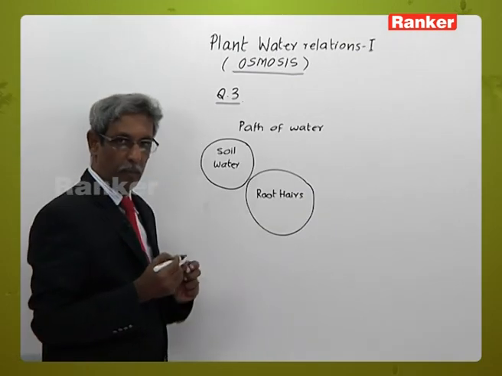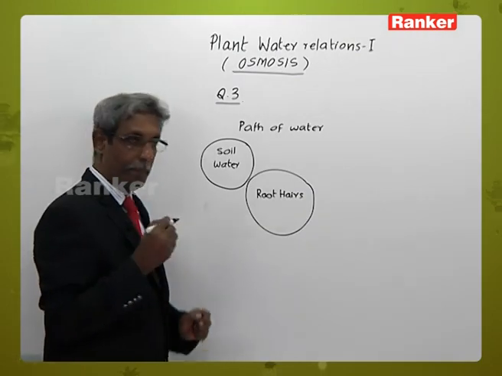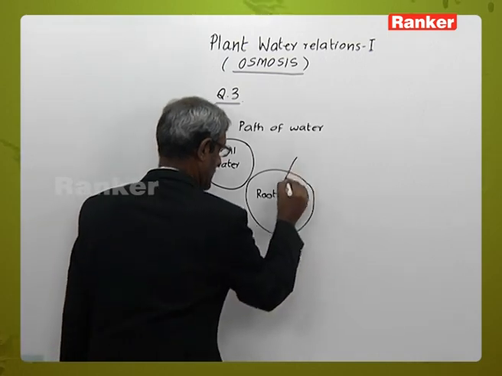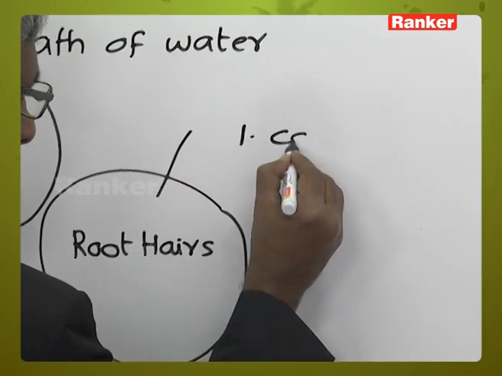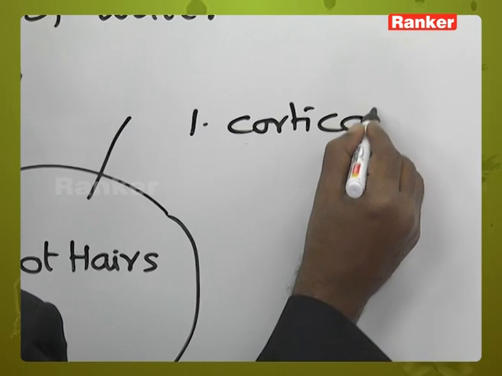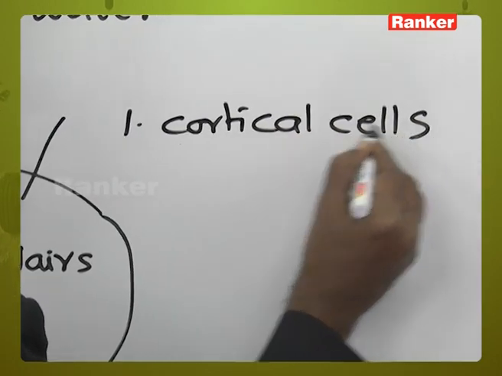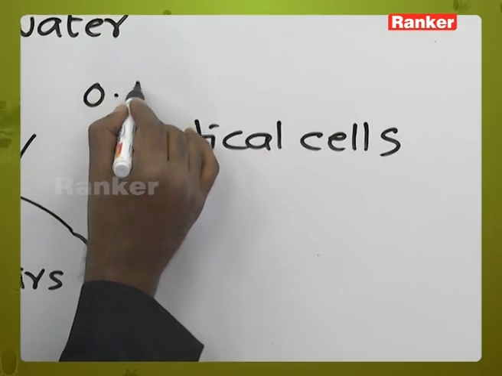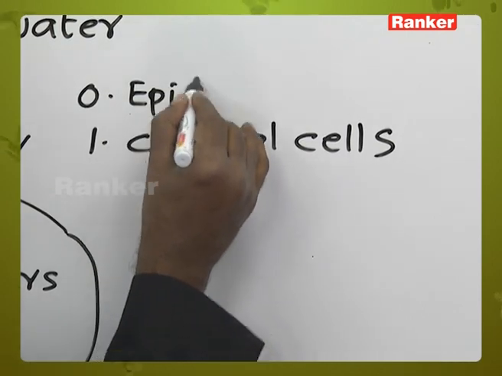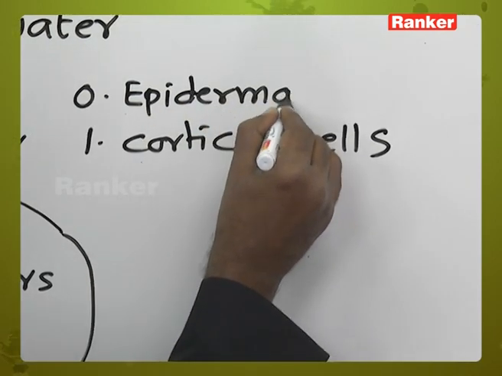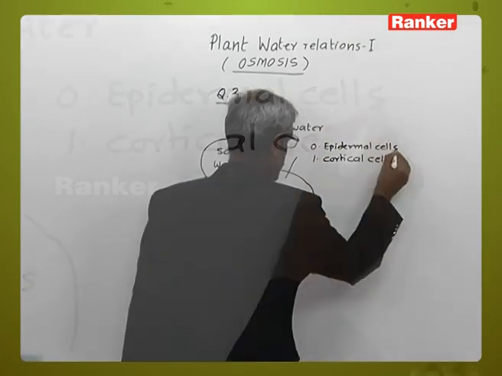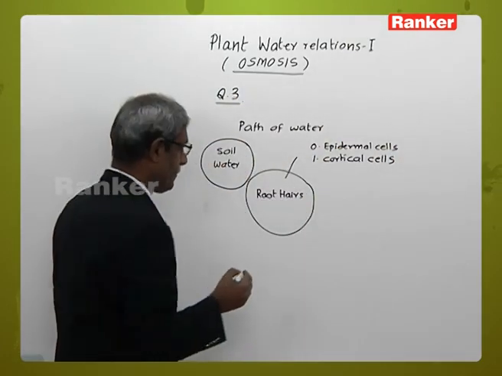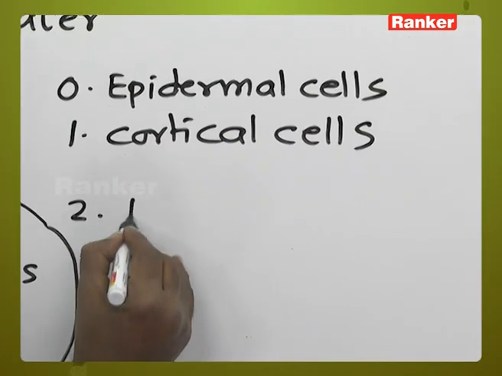After it enters the root hairs, it passes through the cortical cells. Prior to this, it goes through the epidermal cells, then we have the cortical cells, then we have the endodermis.